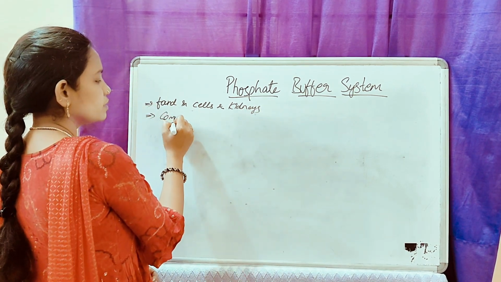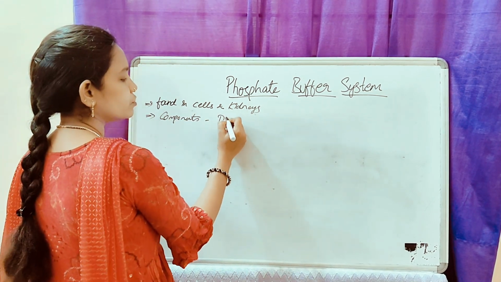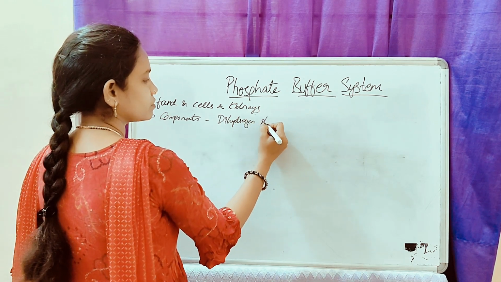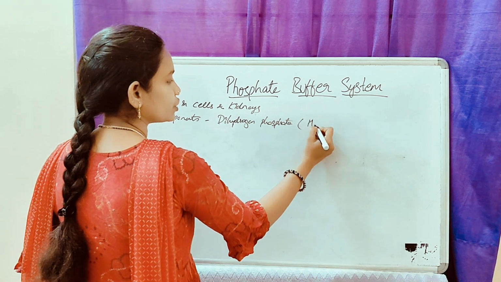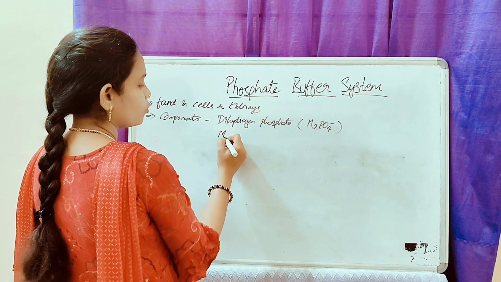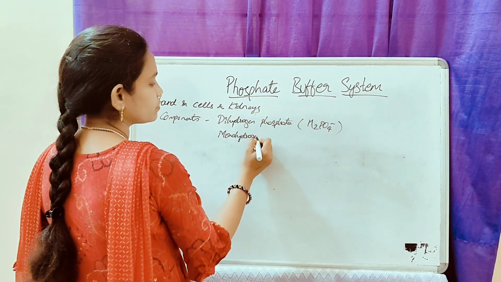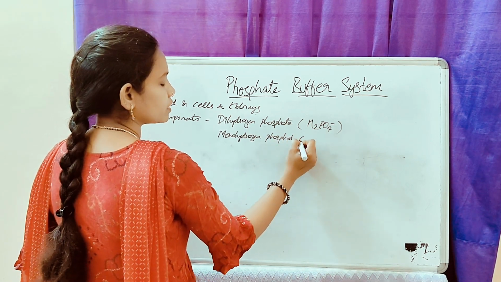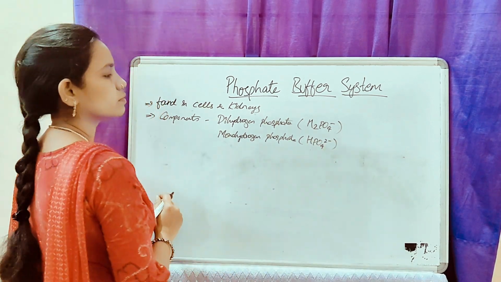What are the components of this buffer system? Dihydrogen phosphate, that is H2PO4 minus, and monohydrogen phosphate, that is HPO4 2 minus.